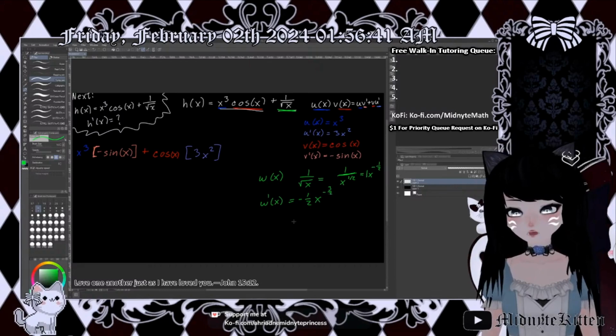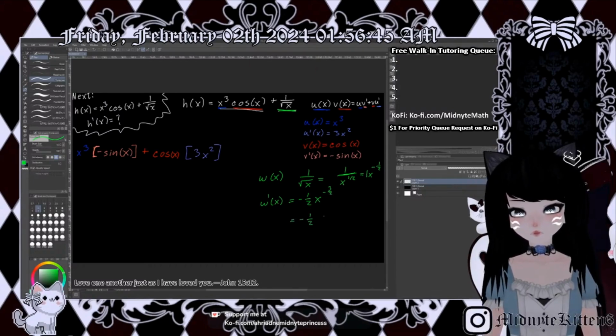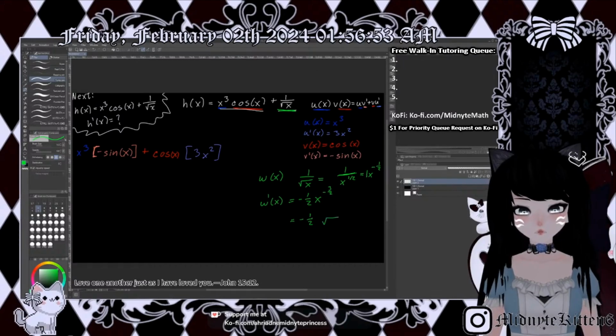And we could write it as a radical. So this would be the square root of x to the 3rd.